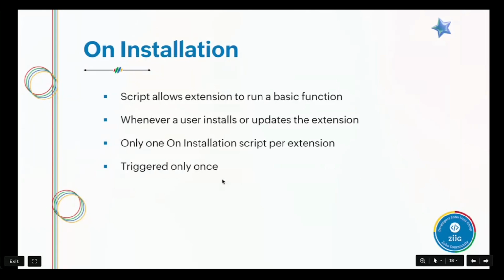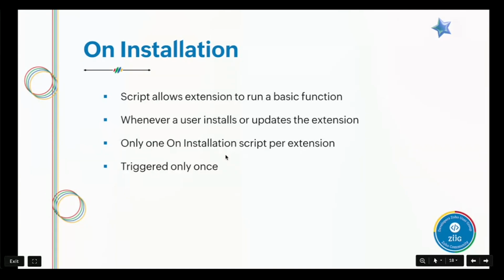This on installation feature allows us to create a script which allows the extension to run a basic function whenever the user installs the extension for the first time or updates any existing extension. This on installation script can be executed only once in an extension, and we can have only one on installation script for an extension.